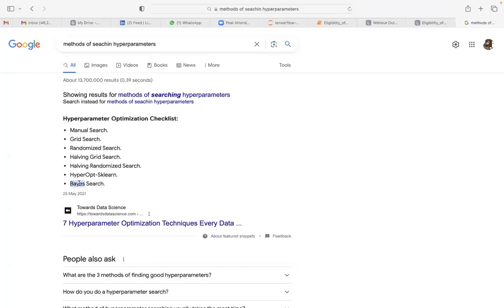You can avoid these things, but the best, obviously, is manual search. Grid search and randomized search are the two most used, but I would suggest you can try Bayes search as well. Okay, Bayes method. And there's something called binomial search as well, but that is only for binomial classification, so avoid that as well.